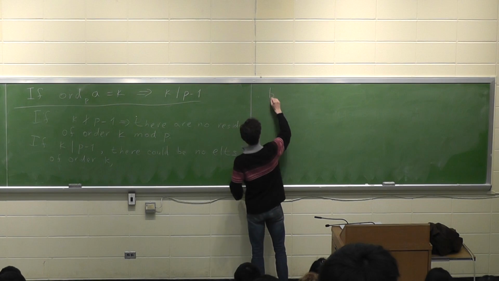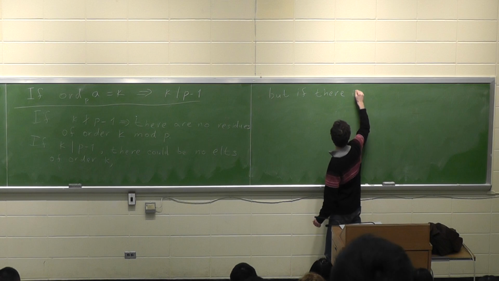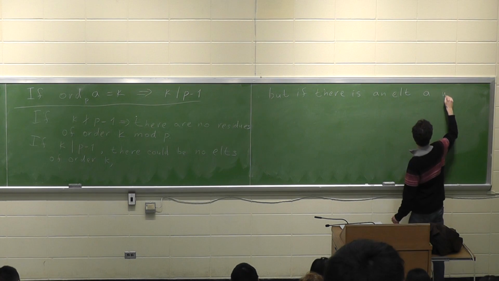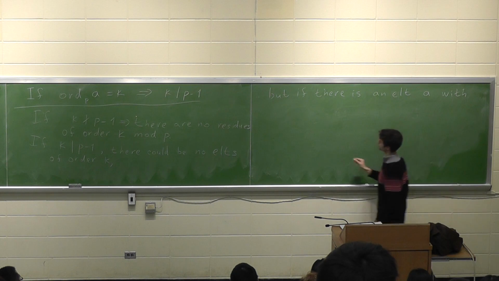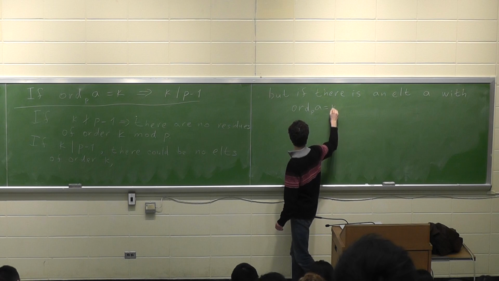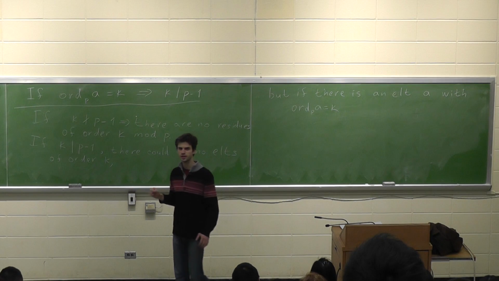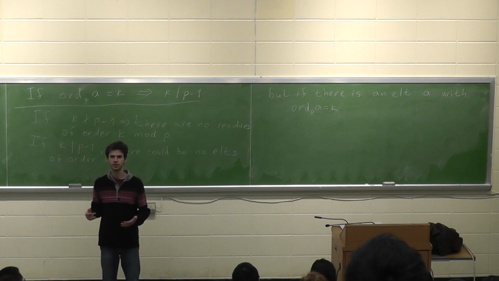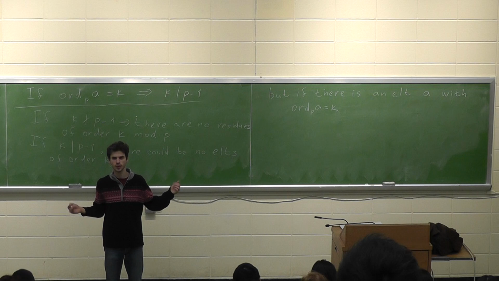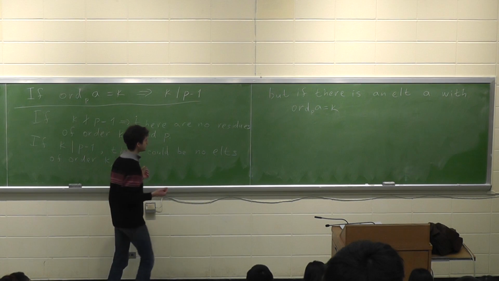But if there is at least one element a whose order is k, then we actually know quite a lot. Then we can, for example, solve the equation x to the power k is equal to 1. We can write down all possible elements whose order is equal to k.